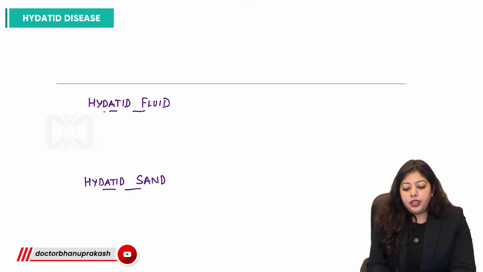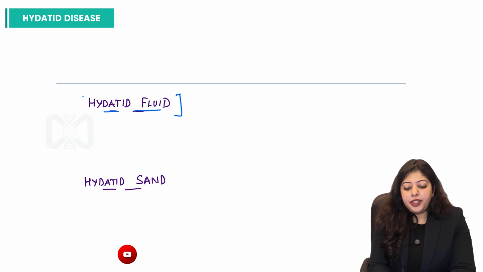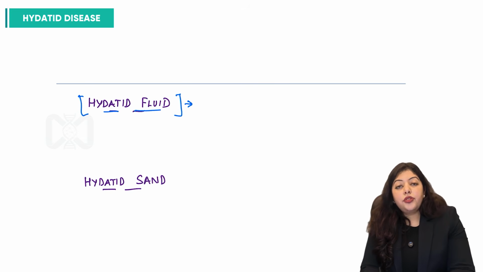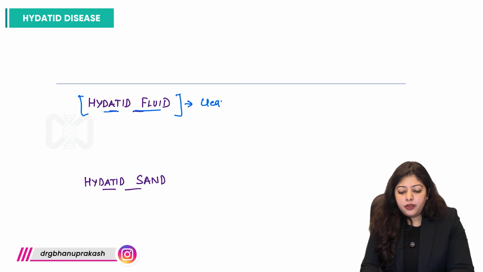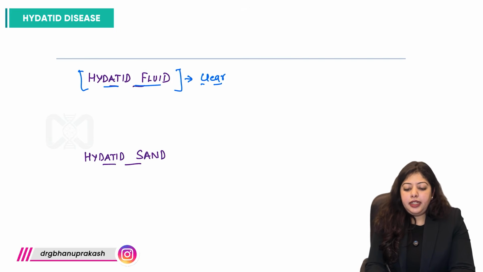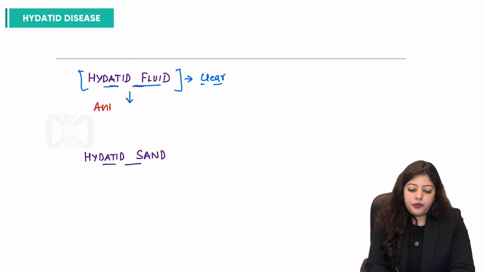Coming towards the composition of hydatid fluid. This fluid, firstly, is going to be pale yellow or mostly clear, right? And it has a special property. It is antigenic.